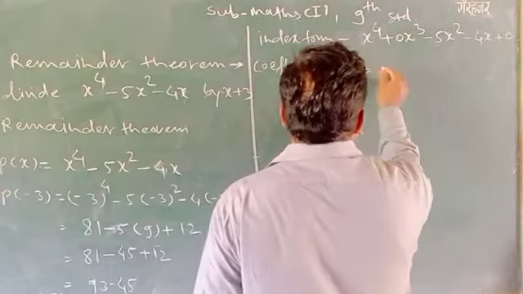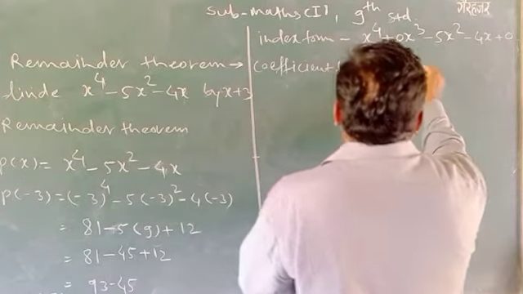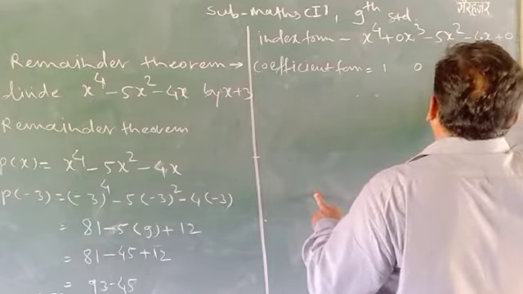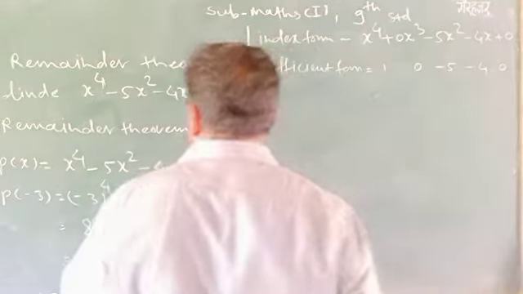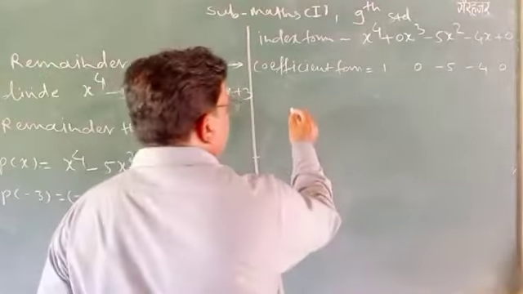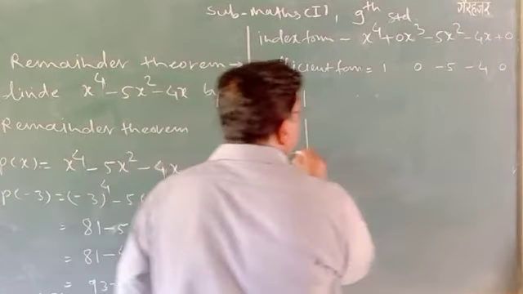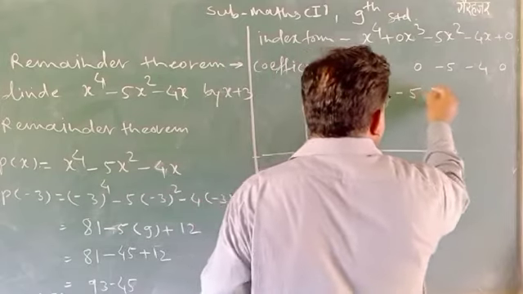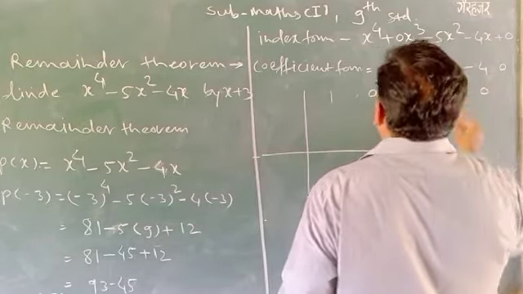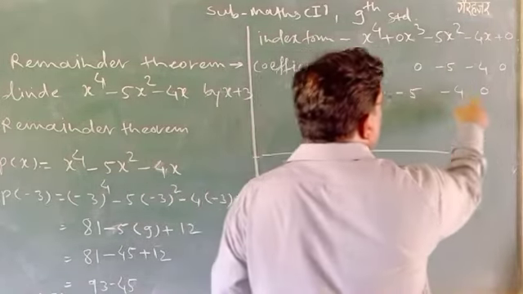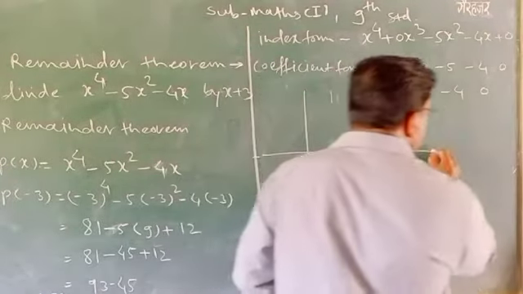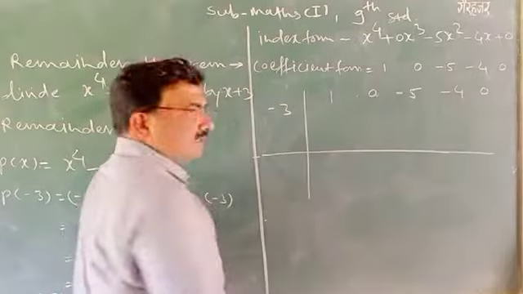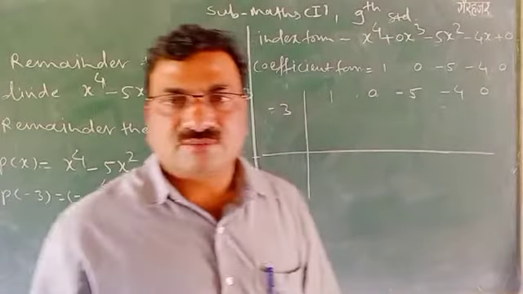Write down the coefficient form: 1, 0, minus 5, minus 4, 0. And the divisor is minus 3. That is, the power is 4, or the degree is 4. X plus 3, the value of x is minus 3.